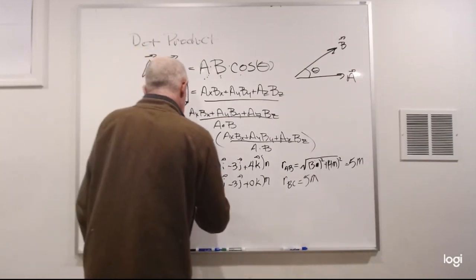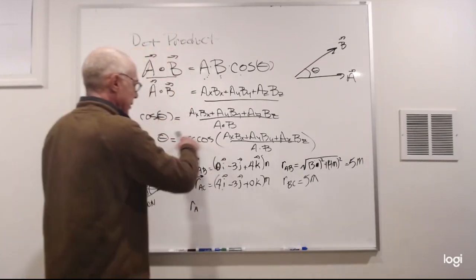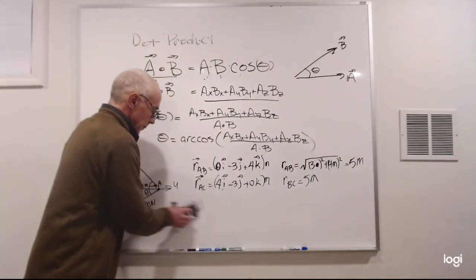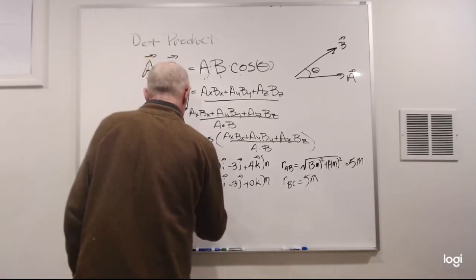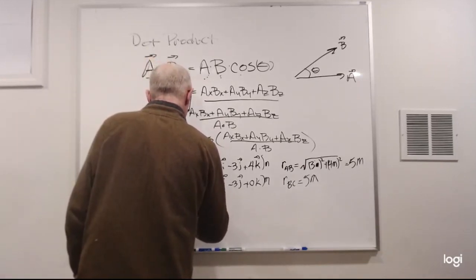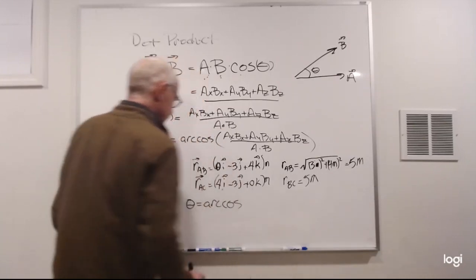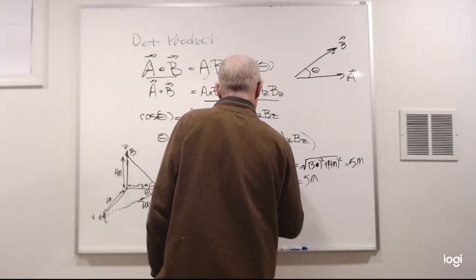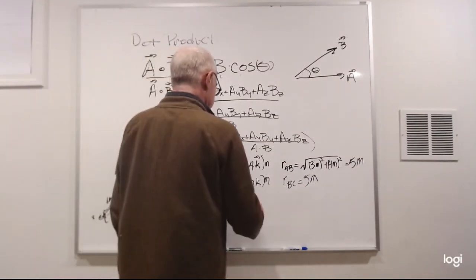Actually, I'll write this entire function here. Theta equals arc cosine of, and as I said, only the middle term is left, which is negative 3 meters times negative 3 meters.